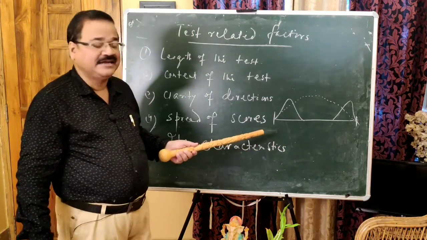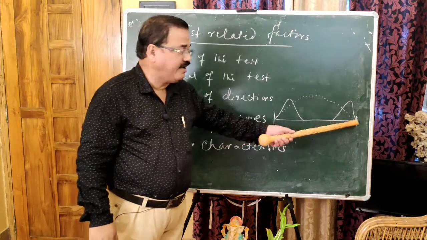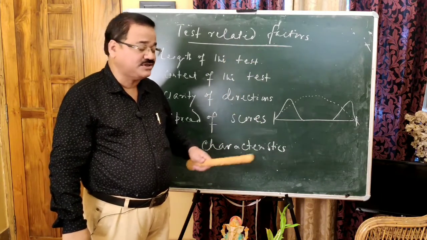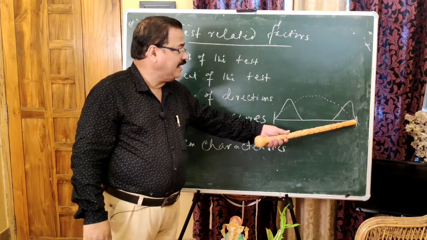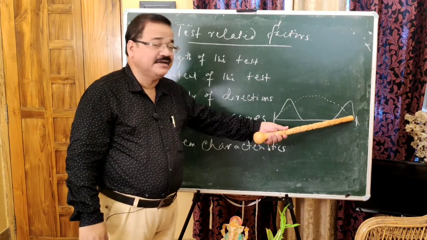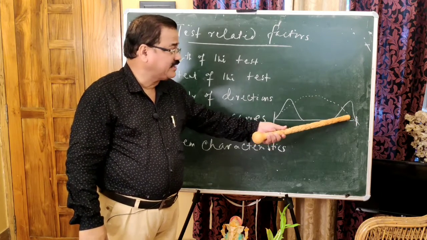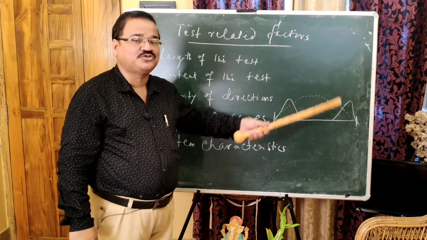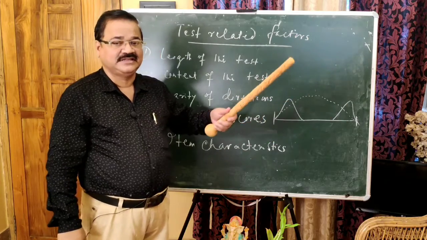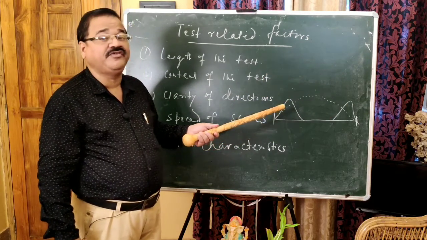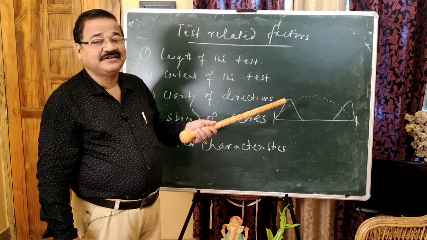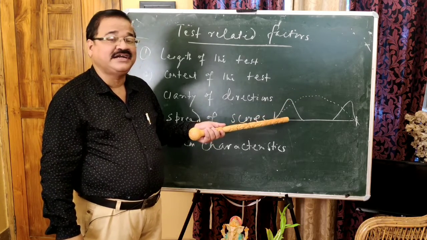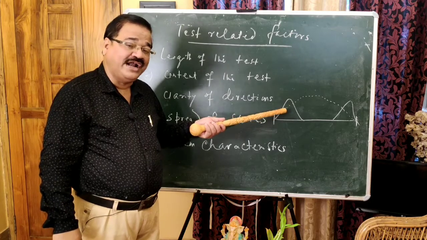Supposing this is a scale, from 0 to 100, you will find greater concentration of scores at the higher end of the scale because most students have secured good marks. If the questions are very difficult, then very few students will answer, and there will be concentration of scores at the lower end of the scale.